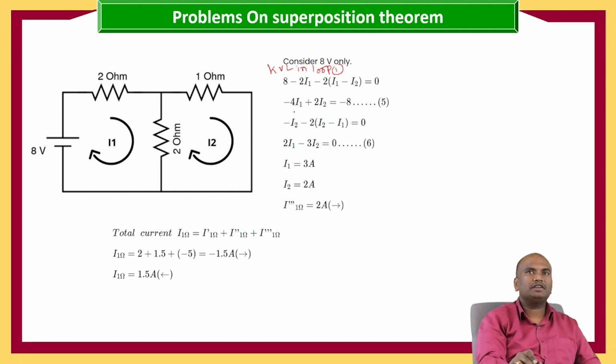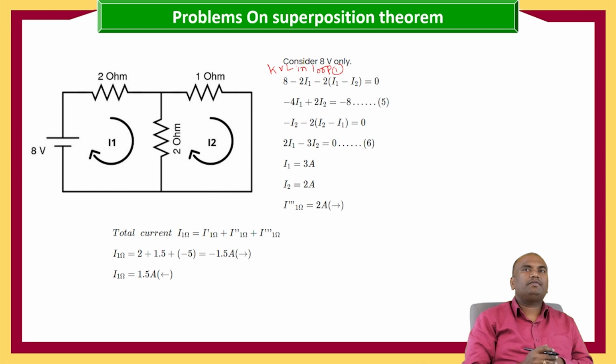That is minus 4I1 plus 2I2 equals minus 8. This is our equation number 5, the first equation corresponding to this particular circuit.